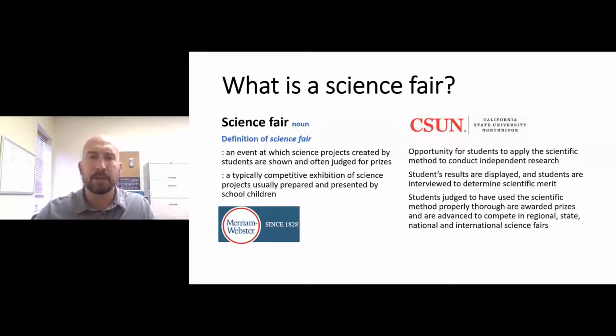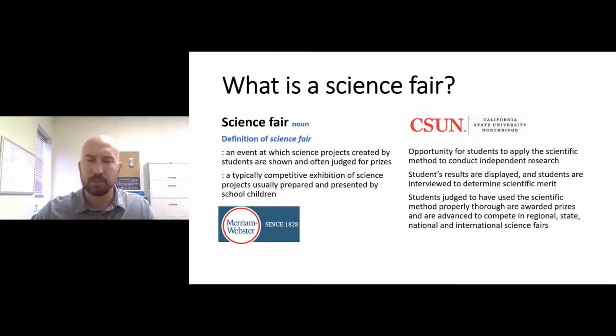A very similar definition: science fair being an opportunity for students to apply the scientific method to conduct independent research, where student results are displayed, students are interviewed to determine scientific merit, and students are judged to have used the scientific method properly, and if so, are awarded prizes and have the opportunity to advance to compete in additional science fairs. Larger fairs at a regional, state, national, or even an international level.